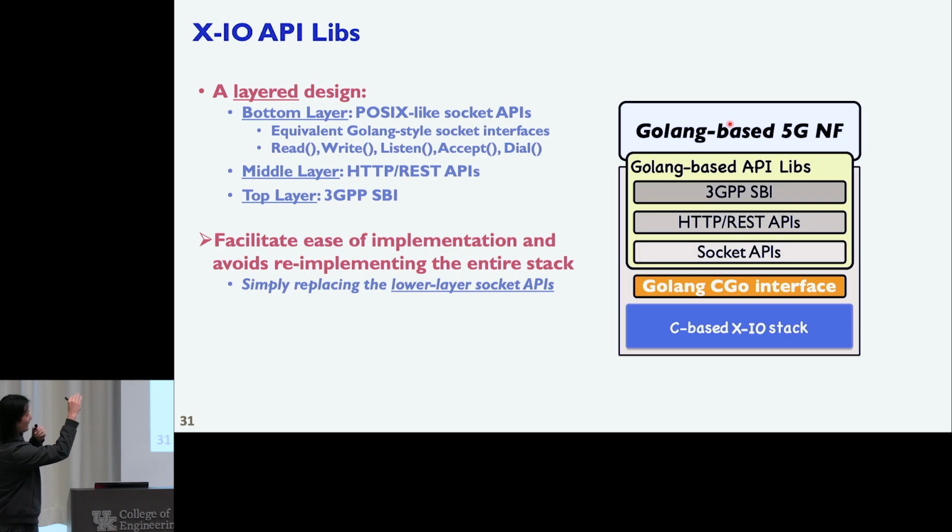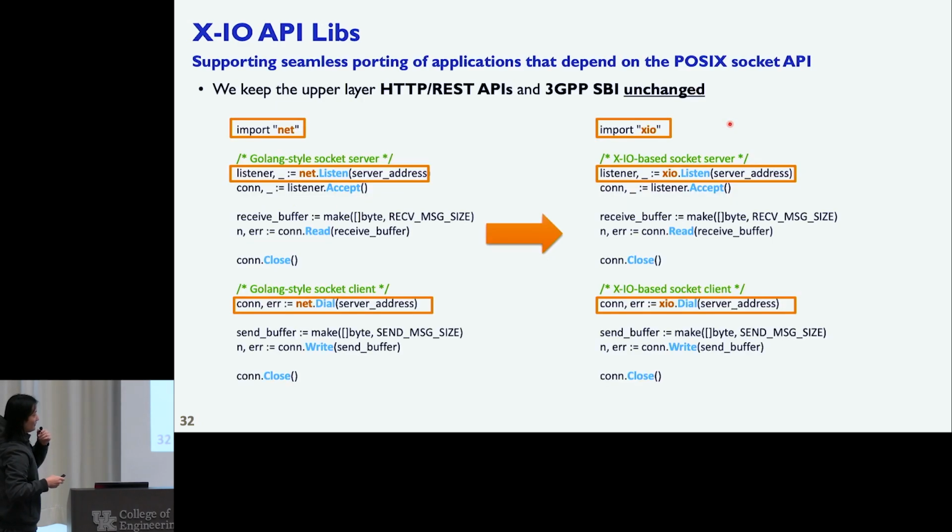What we need to do, as you can see on this slide, when we switch from a kernel-based implementation to a shared memory-based implementation is just replace the imported modules. The net module is the default kernel-based HTTP networking module provided by Golang. There are two programs I listed here as examples, a socket server program and a socket client program.